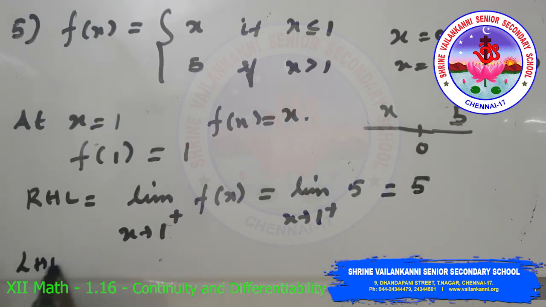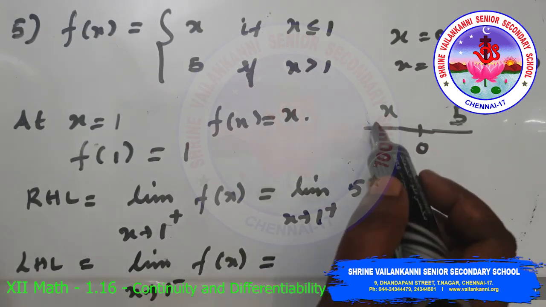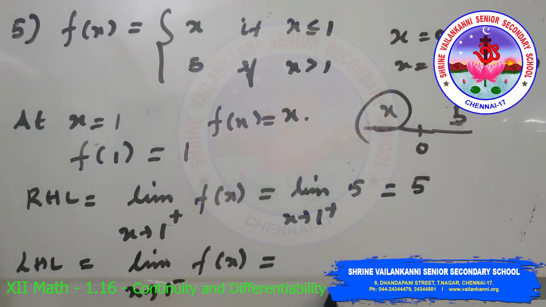Then the left hand limit, which is the limit as x tends to 1 minus of f of x, to the left of 1. That is, we get the function x, for x less than 1. Then the limit as x tends to 1 minus of x is equal to 1.